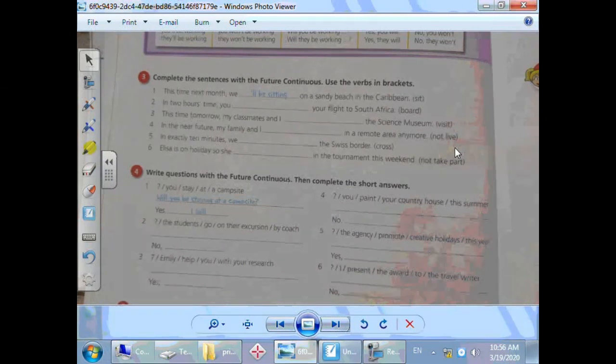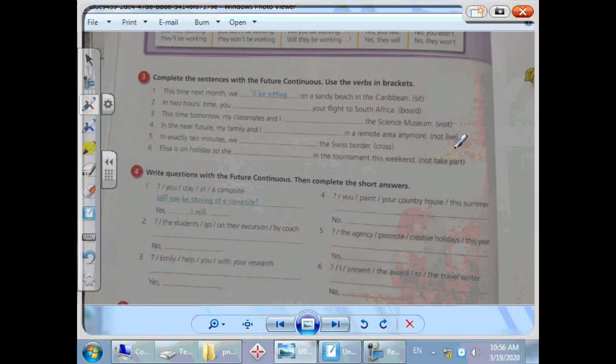Okay, so the question here says complete the sentences with the future continuous. Use the verbs in brackets. Okay, so we have the verbs here. We will use the future continuous, which is will be, the verb, plus ing. It's very easy. So in 2 hours, here's our keyword. In 2 hours, you know when it will happen.